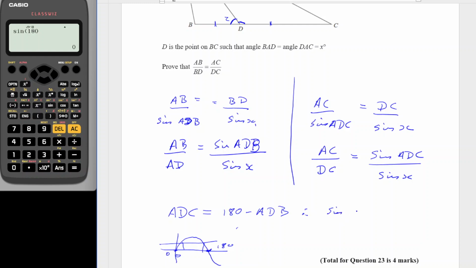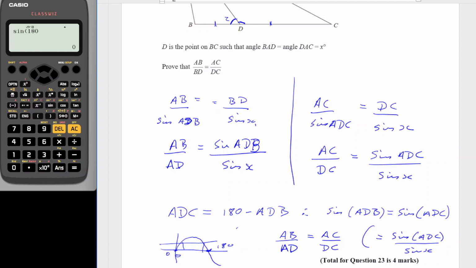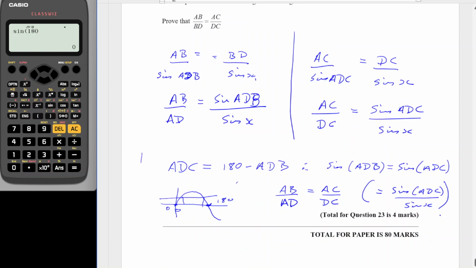So the sine of ADB would be equal to the sine of ADC, which means that in effect AB over AD would be equal to AC over DC, as they'd both be equal to the sine of ADC over the sine of X. That's how you do that question. Do you think that's an awkward one, particularly that recognition?